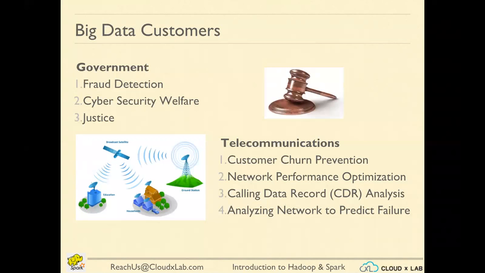Since we have the past historical data as well as the information about when a particular network failed, since we have both of these available, we should be able to predict the network failure by analyzing the network. All right.